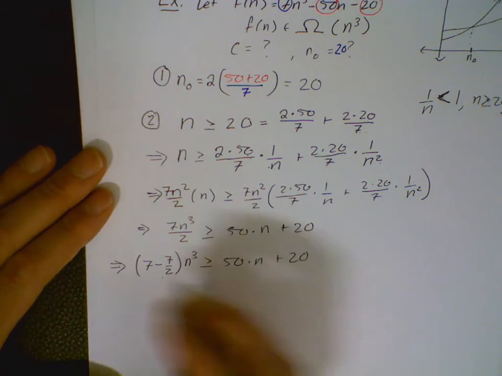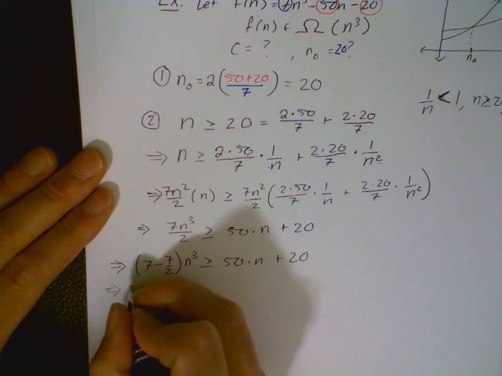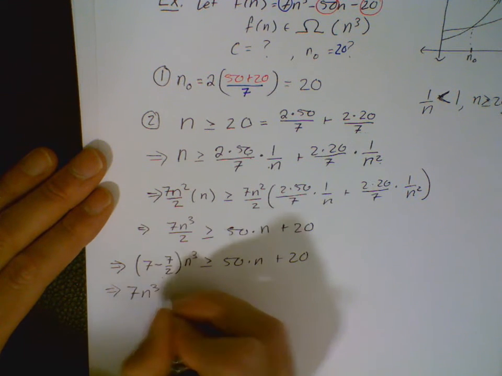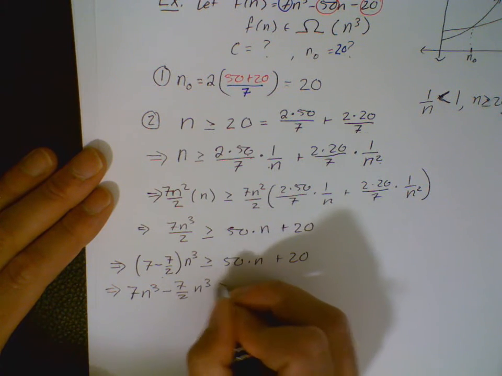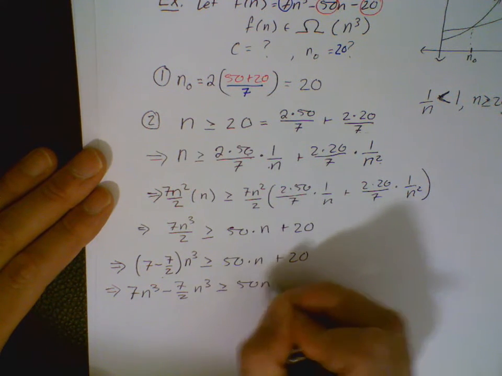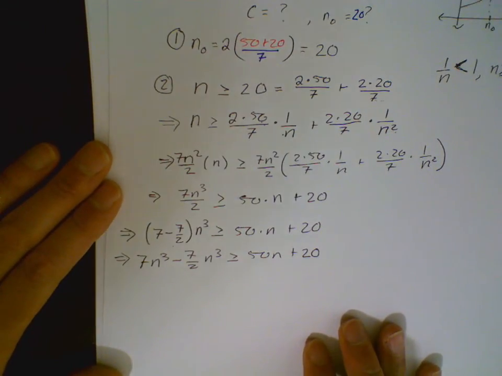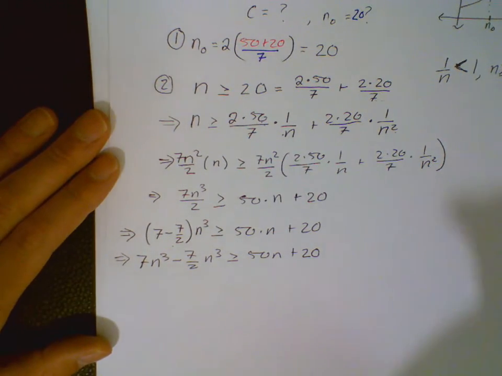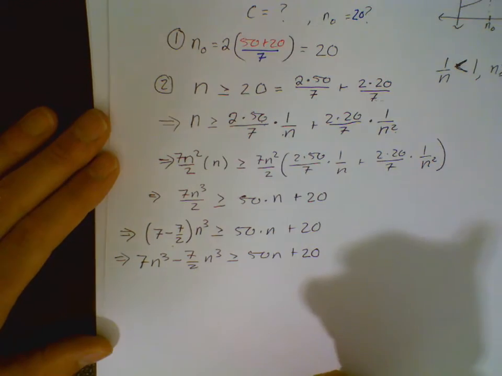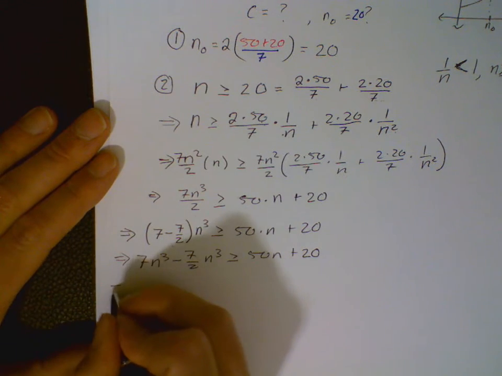And the reason we want to do that is so now we can distribute this n cubed through, and we have 7n cubed minus 7/2 n cubed greater or equal to 50n plus 20. Okay. And now we're going to move everything to the left side that's part of f of n, and everything that's not part of f of n, move it to the right side.